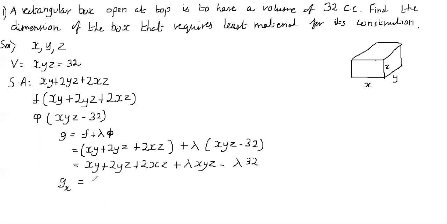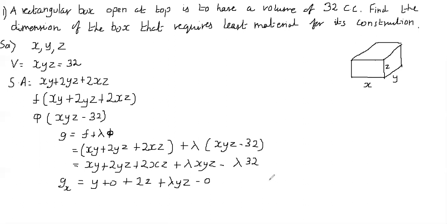Y is constant, so differentiation of x will be 1. There is no x in the next term, so it is constant and will be 0. Plus 2z is constant and differentiation of x will be 1, and for lambda yz, yz are constant, differentiation of x will be 1, and the last term will be 0.